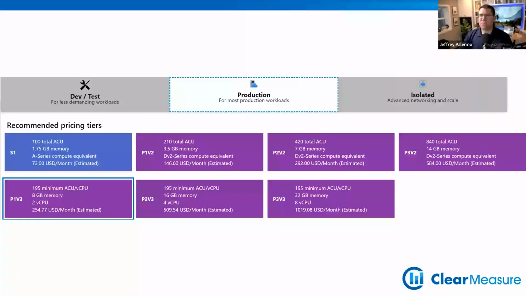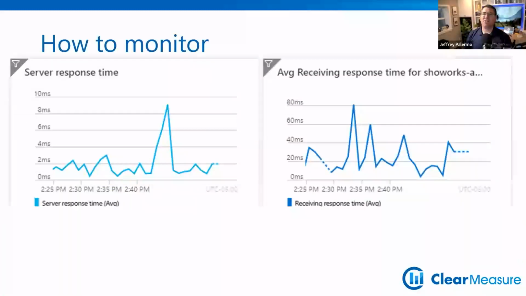Okay, finally, for Blazor server-side applications, these two metrics we found to be really instructive. The server response time: as long as we were at 10 milliseconds or less, the user could not tell any noticeable delay in any part of the application. And as long as the average receiving response time was under 100 milliseconds, they couldn't tell.